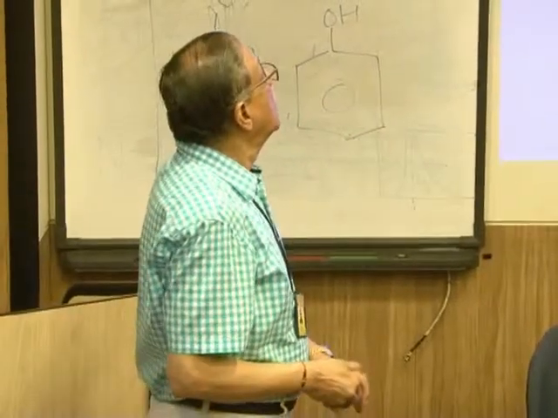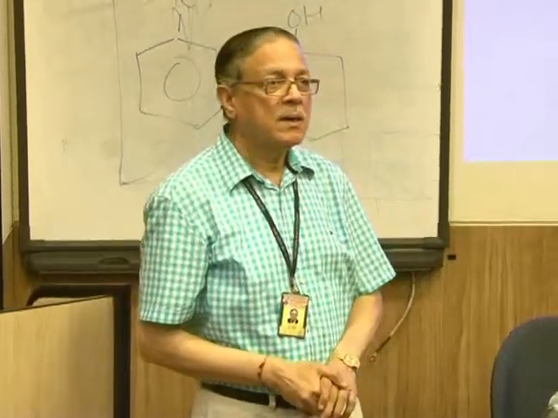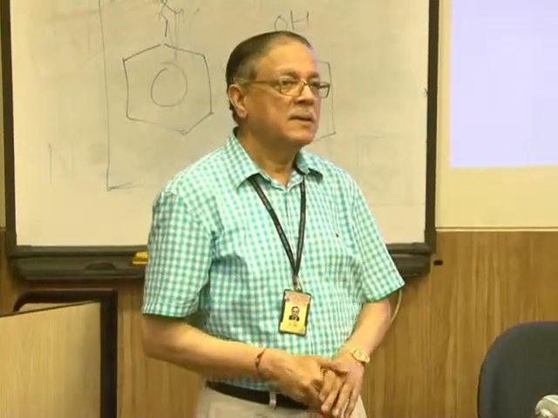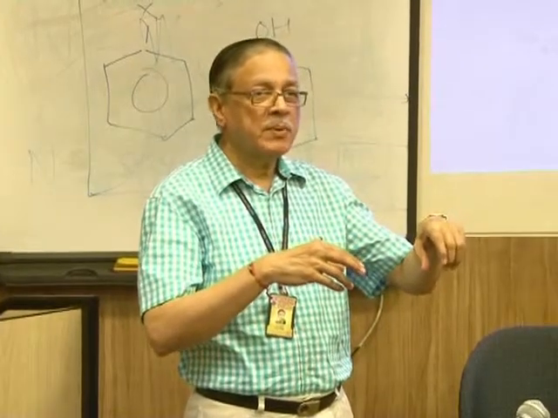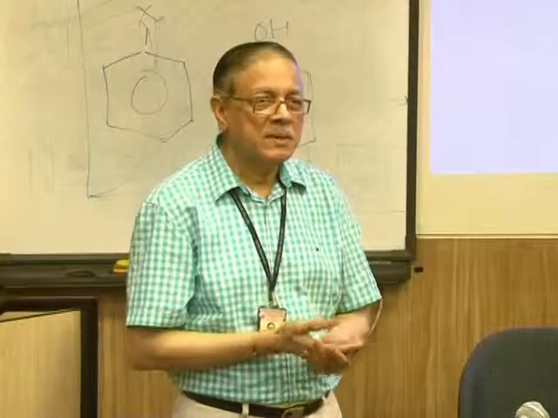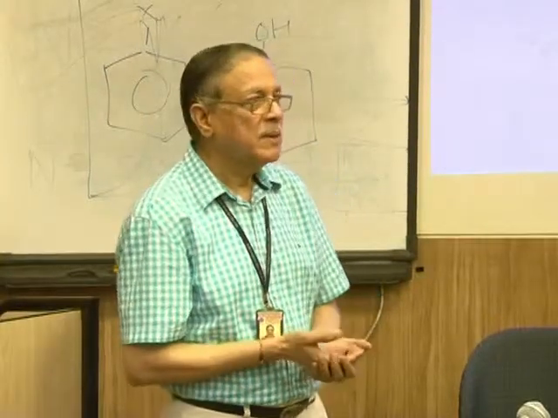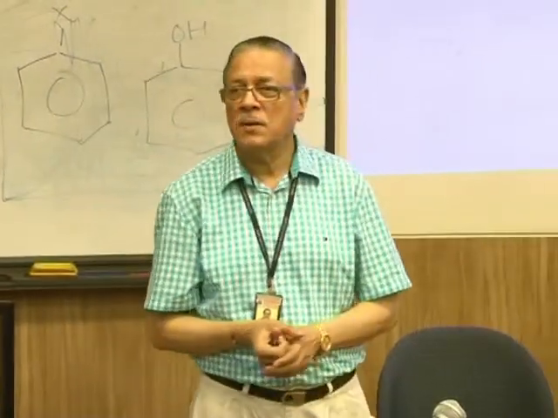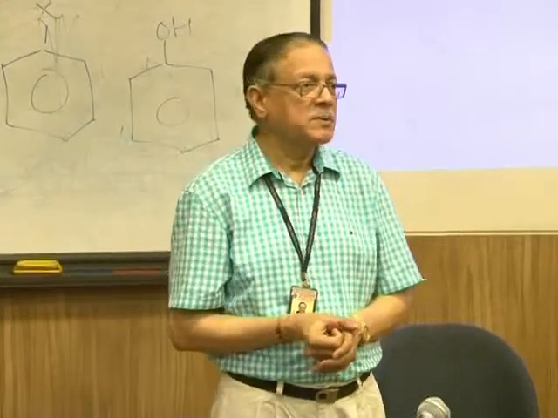This part is over. Please bring this back. Okay. Now we have to introduce sample so that the moment we introduce sample, if it is gaseous, it immediately goes onto the column. But if it is a liquid, then it is dissolved in a vaporizable solvent.